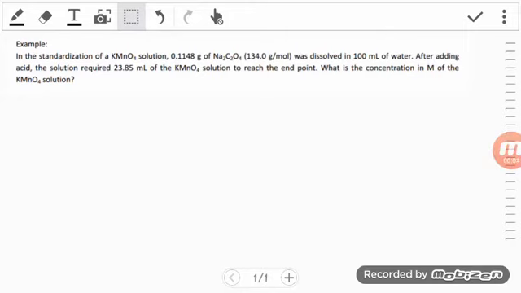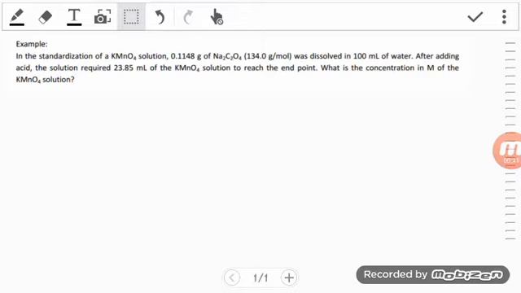Okay, so the problem reads: in the standardization of a potassium permanganate solution, 0.1148 grams of sodium oxalate, with a molar mass of 134 grams per mole, was dissolved in 100 ml of water.